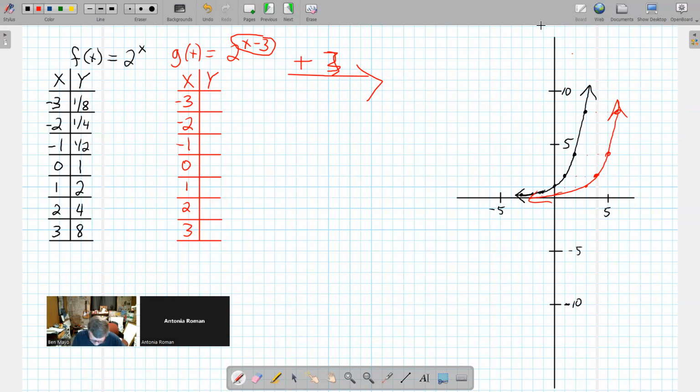So just like with a parabola, y equals x squared, y equals (x - 3) squared, this moved the parabola that way 3 units. This moves the exponential to the right 3 units. Okay. Yeah, I got it. Okay, great.